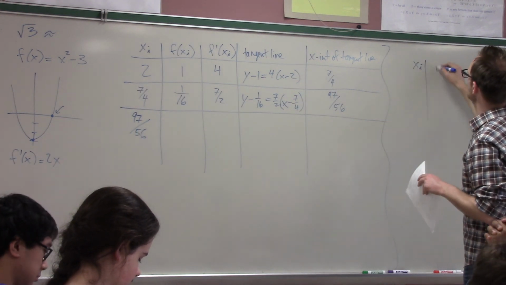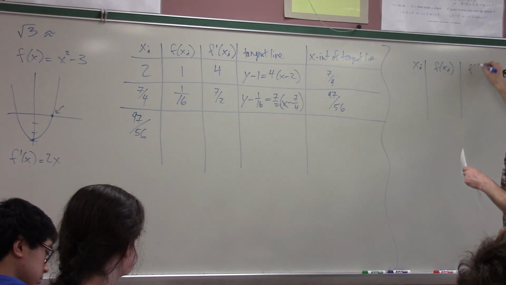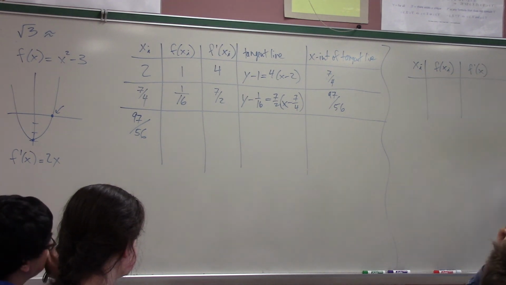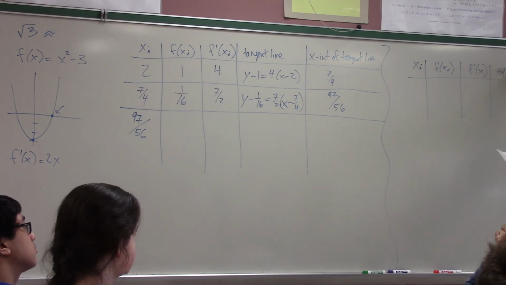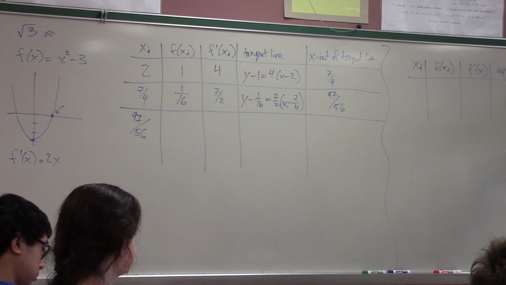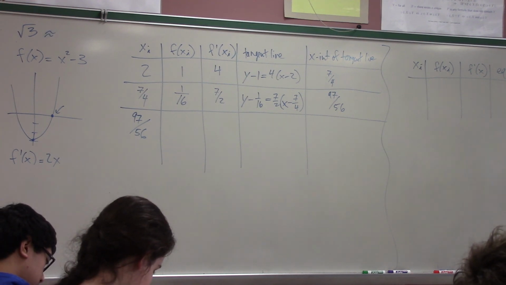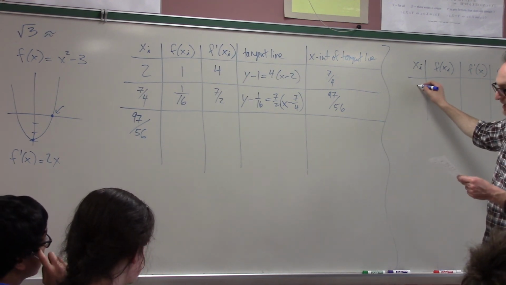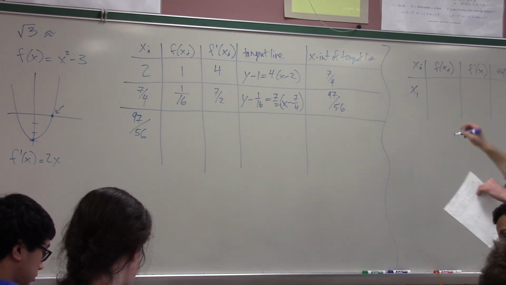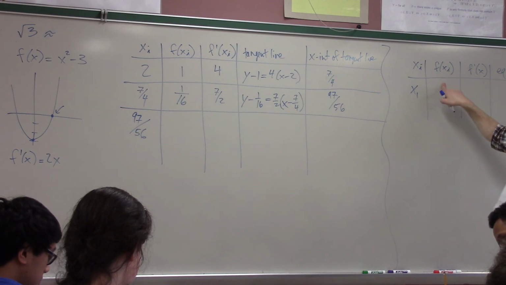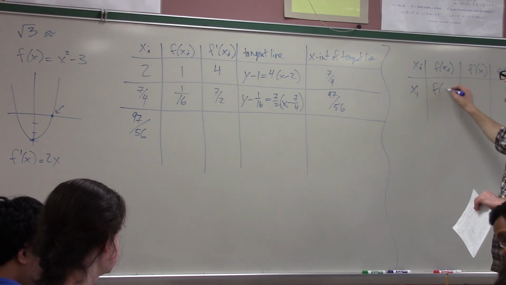Let's just do this process in general. If we just go through this process in general and think about what we're doing: the equation of the tangent line, and then the x-intercept, etc. Essentially we start with, let's call it x1, and when we take f of that, we get f of x1.